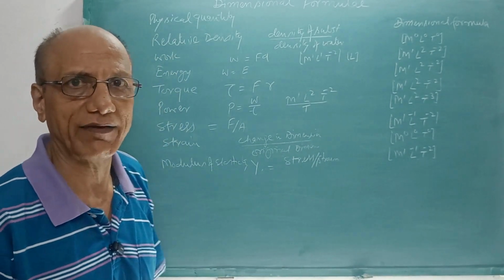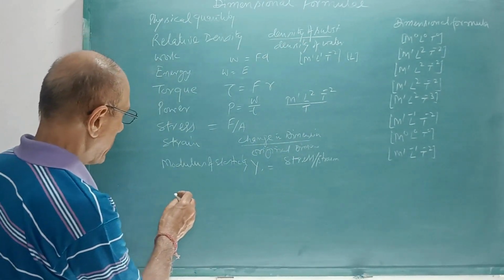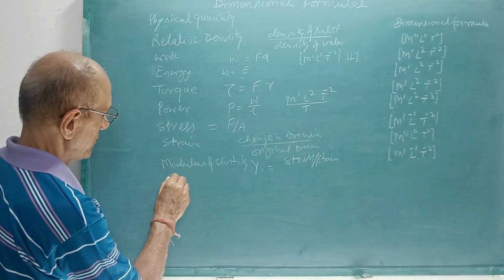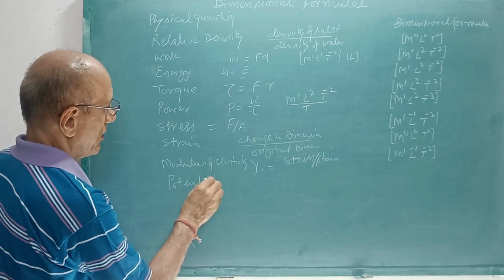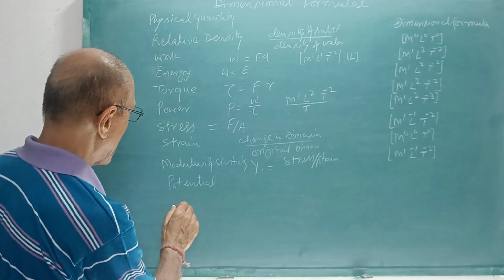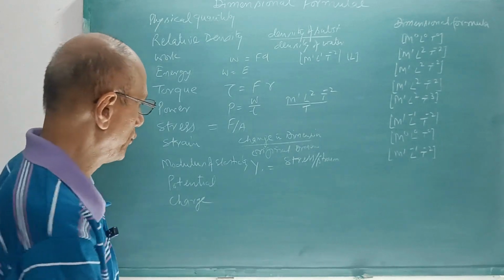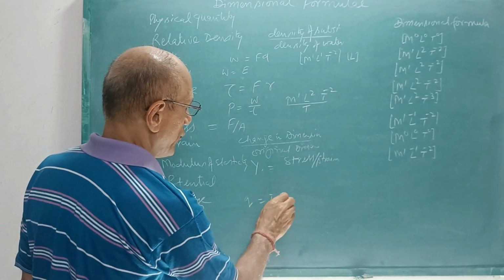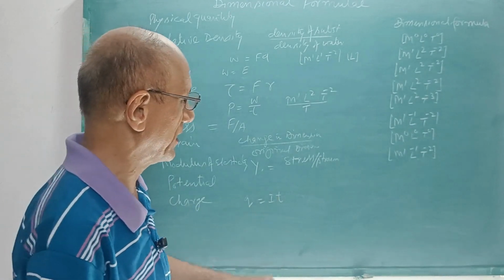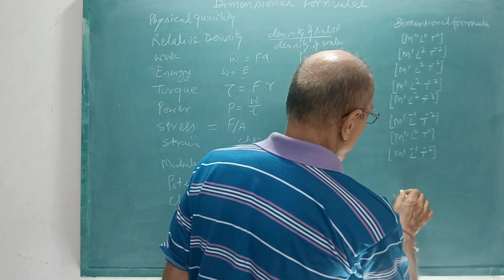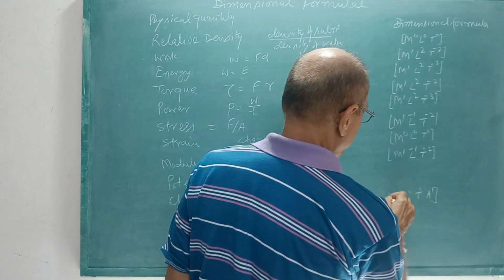Now we will have the charge and potential. Charge Q equals I into T, that means current and time. So it has M0 L0 T1 A1.